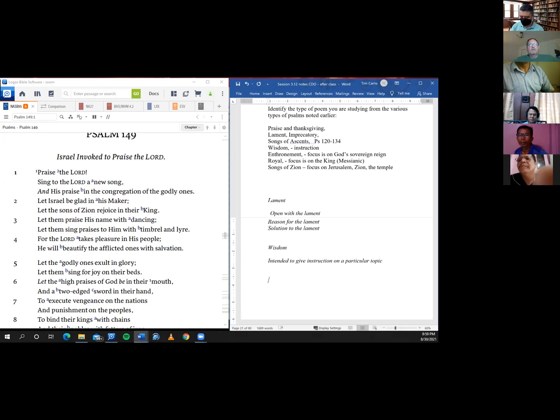Or, again, if you're looking at a song of ascent, then this is meant to be sung on the way to Jerusalem during the feasts.